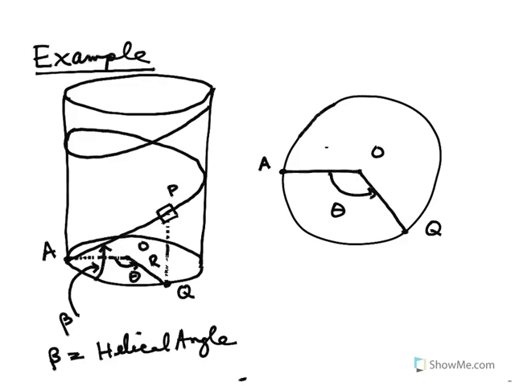This is what I'll call a top view. It's a view from above. It's the view as if you were looking down this way. I'll just sketch that really quickly, and then take it away so that we don't get distracted by it.